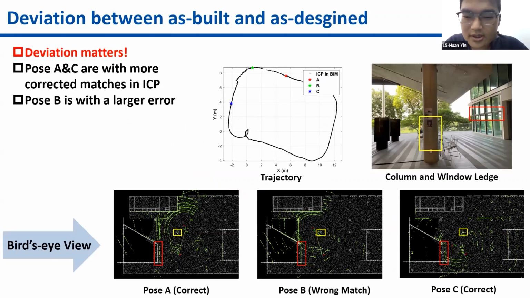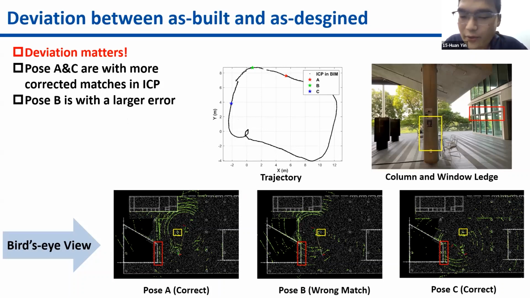So we continued to do some research on this, and we find that there is a deviation between the as-built and as-designed. So the deviation really brings errors to our localization method.